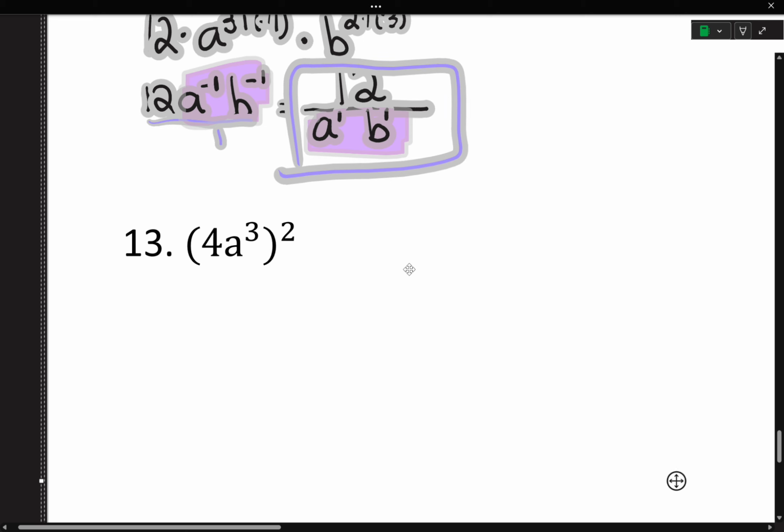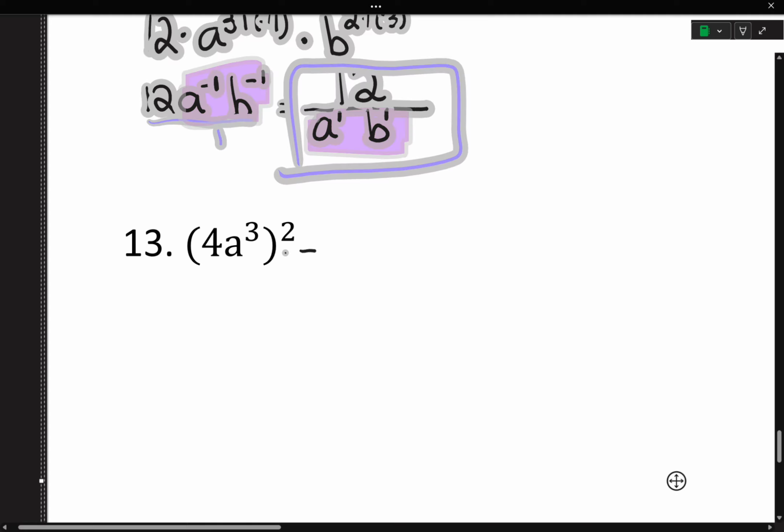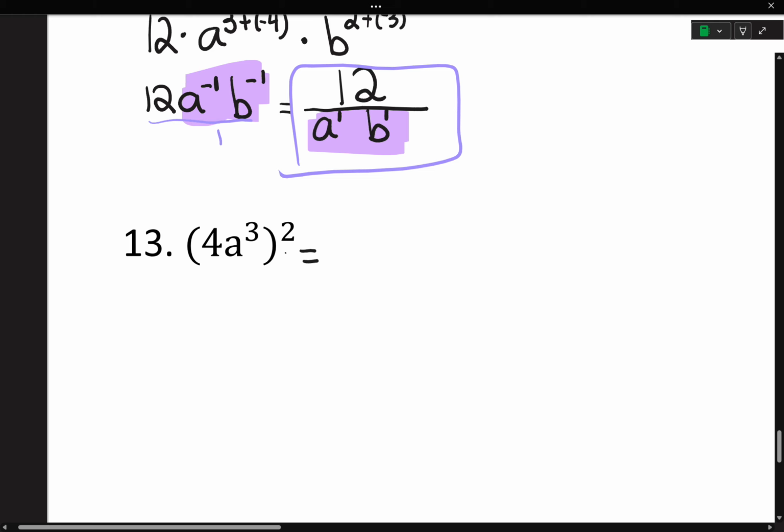So for number 13, we have a power of a product, or a product to a power. I want to remind you that anything that doesn't have an exponent actually has an invisible exponent of 1. So it's 4 to the power of 1 and 8 to the power of 3. When we raise a product that has a power to another power, we multiply the inside powers by the outside power.